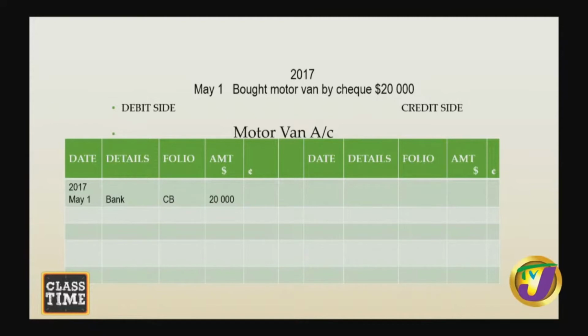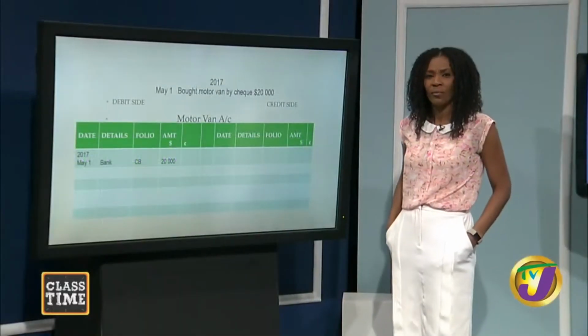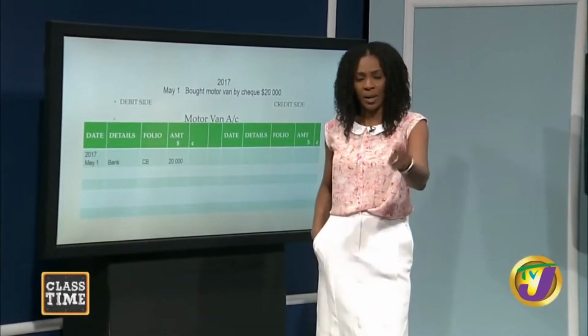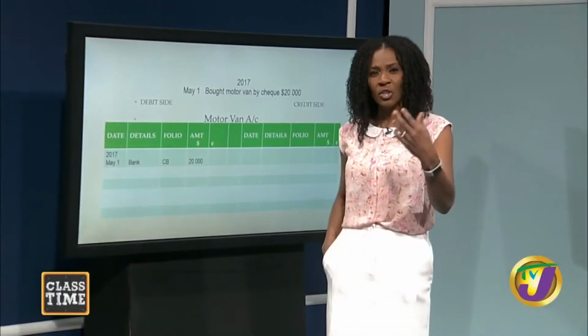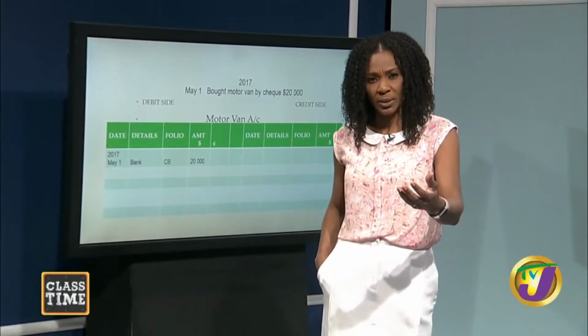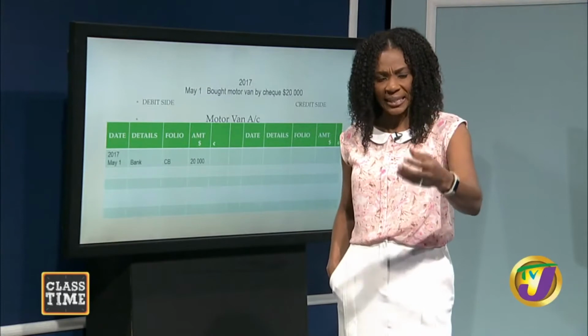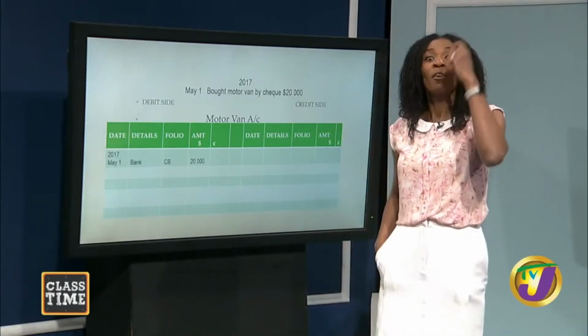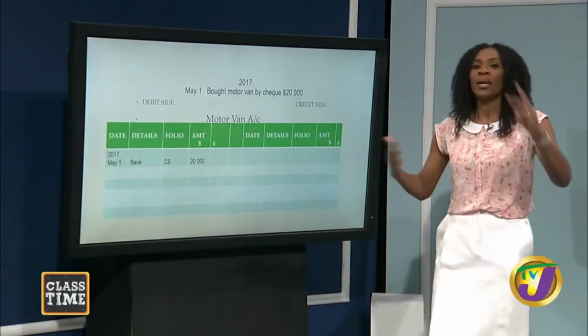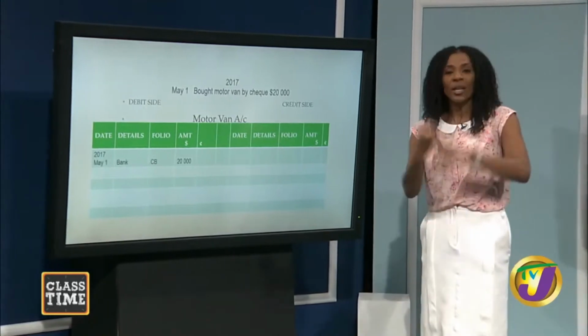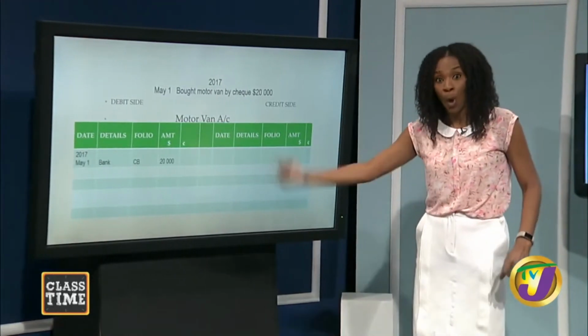Can you tell me why I have bank in the details section of the motor van account? Come on, tell me. I'm recording the transaction in the motor van account, and I have in the details bank. Very good. Simply because bank was affected along with motor van.